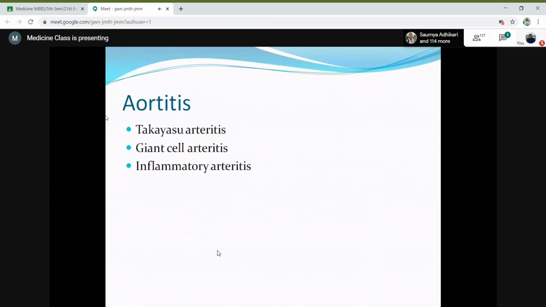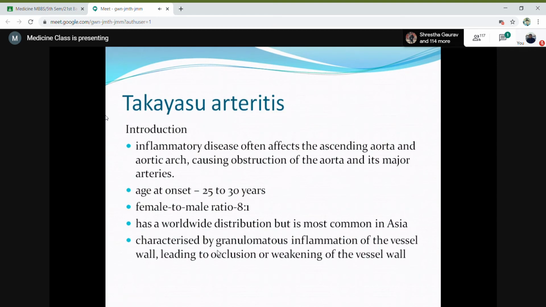Now we'll be talking about aortitis: Takayasu's arteritis, giant cell arteritis, and inflammatory arteritis. Takayasu's arteritis is an inflammatory disease often affecting the ascending aorta and aortic arch, causing obstruction of the aorta and its main branches.